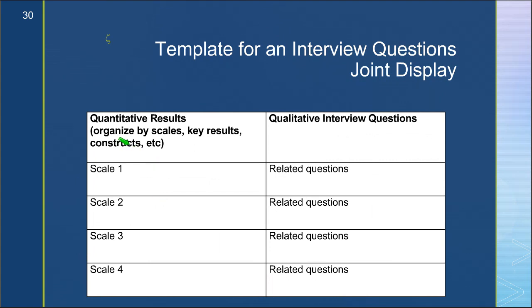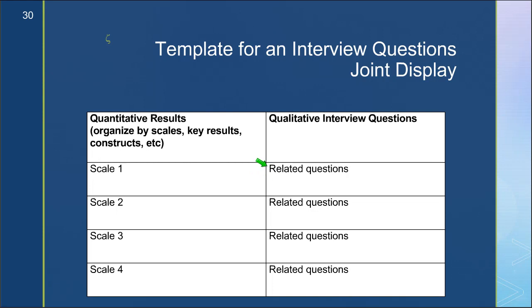So another way to think about really being planful is this sort of template for an interview question joint display. Based on quantitative results, and similar as before, we can organize this by key results, by scales, by constructs, but based on whatever it is we want to explain, what are specific questions that we could ask?